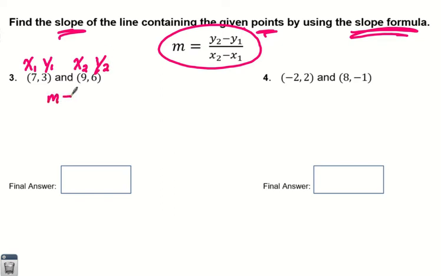So as far as now plugging that into the formula, looks like that's going to be 6 minus 3, minus 3, and then on the bottom, 9 minus 7. And so this becomes 6 minus 3 is 3, 9 minus 7 is 2. Does that divide clean or reduce at all? Nope, so that would be my final answer.